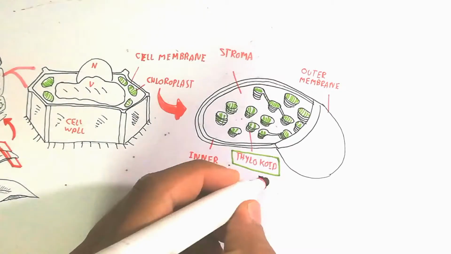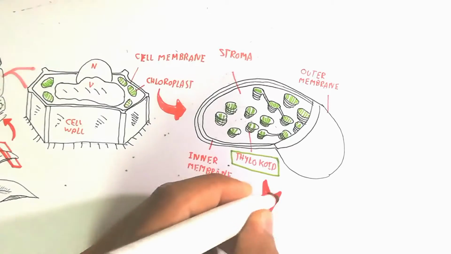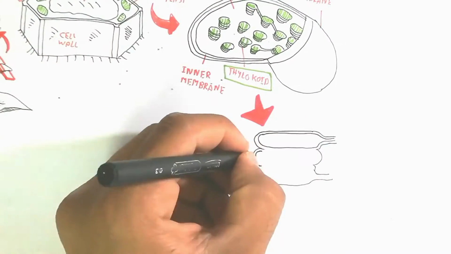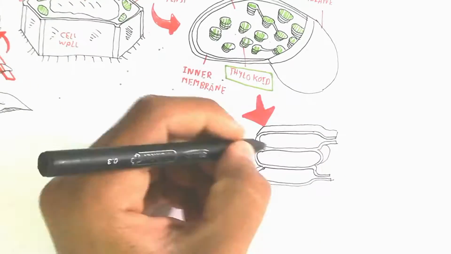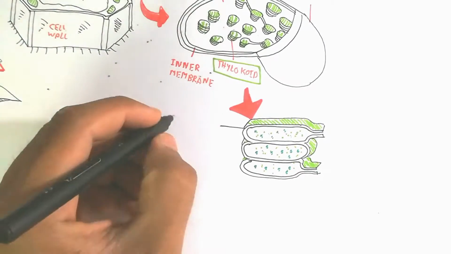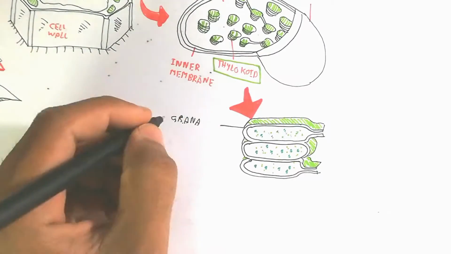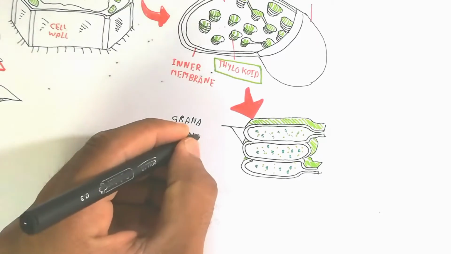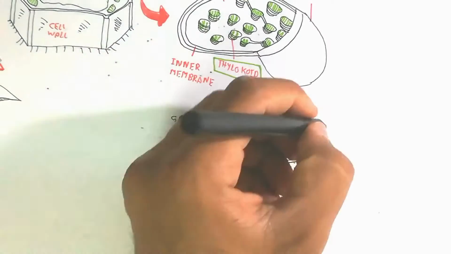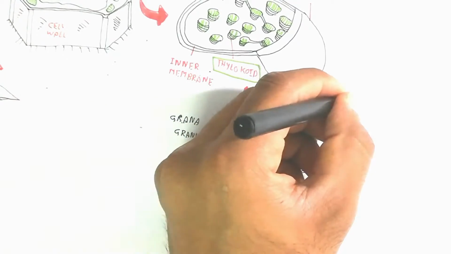The stroma is the jelly-like fluid present between the thylakoids, and the thylakoid is made up of a stack-like structure that contains a lumen. Inside is the lumen, and that is basically grana. We will discuss the granum and the lumen.